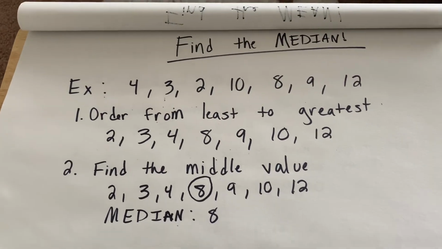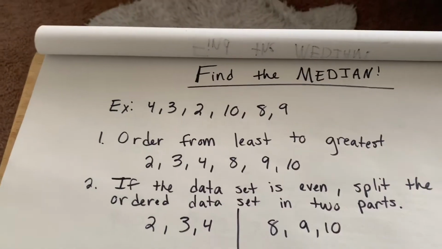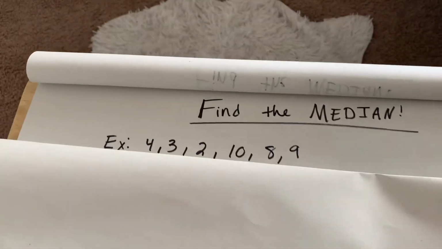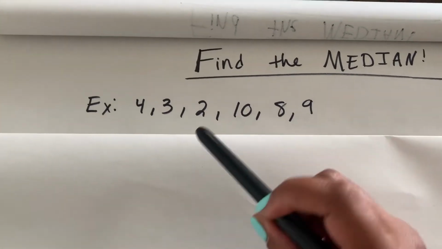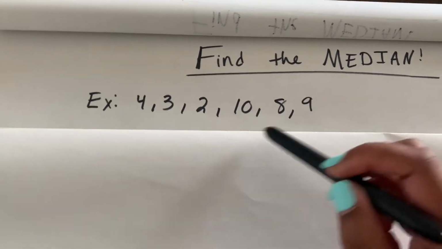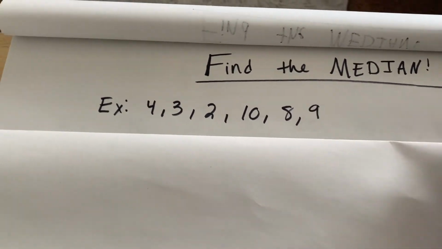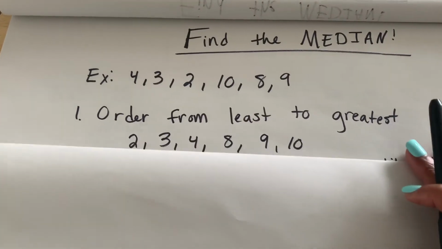Now that's going to be a little bit different if you have an even set of numbers. So let's say you have an even set. In this case, we have 6 values here. So the median may not be so obvious. To do that, you still want to order from least to greatest.